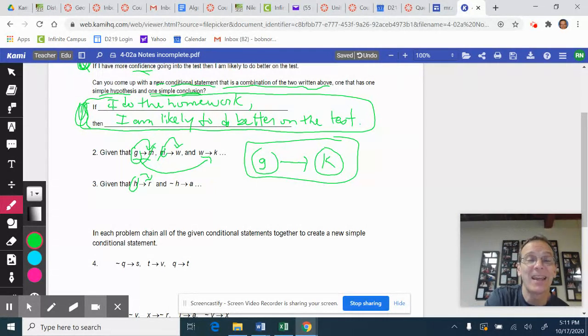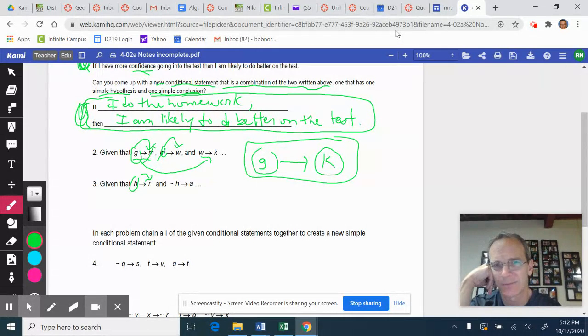So how do I connect these 2 things together? Well, some of you may be noticing the presence twice of the letter H in these conditional statements, except in one statement it's an H, in the other statement it's a not H. Okay, it's like, how do you connect those two things together?